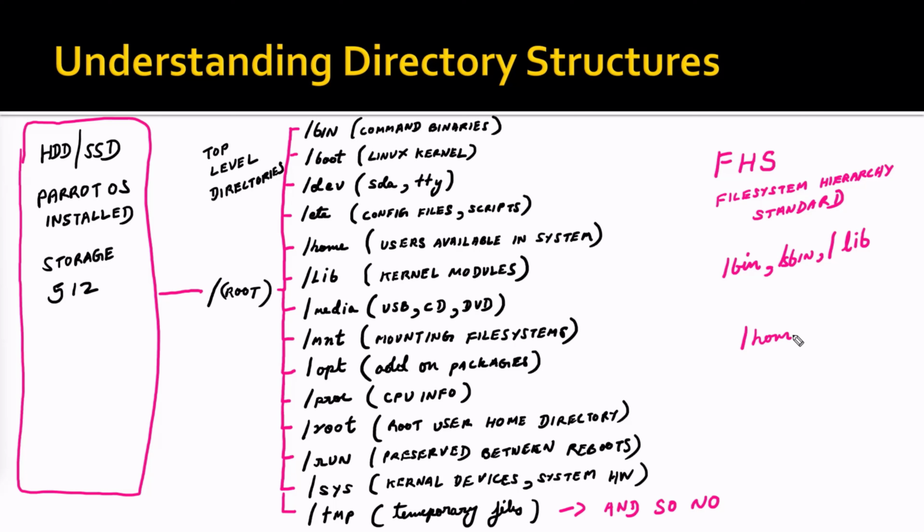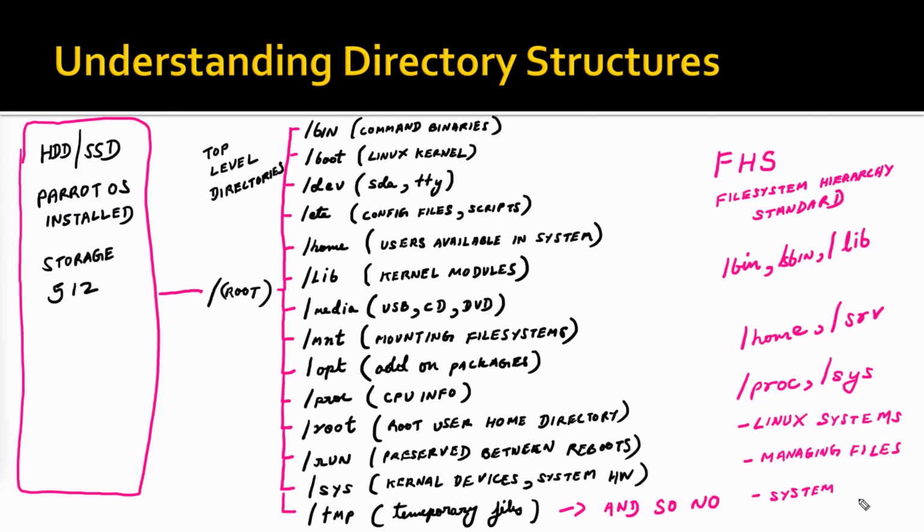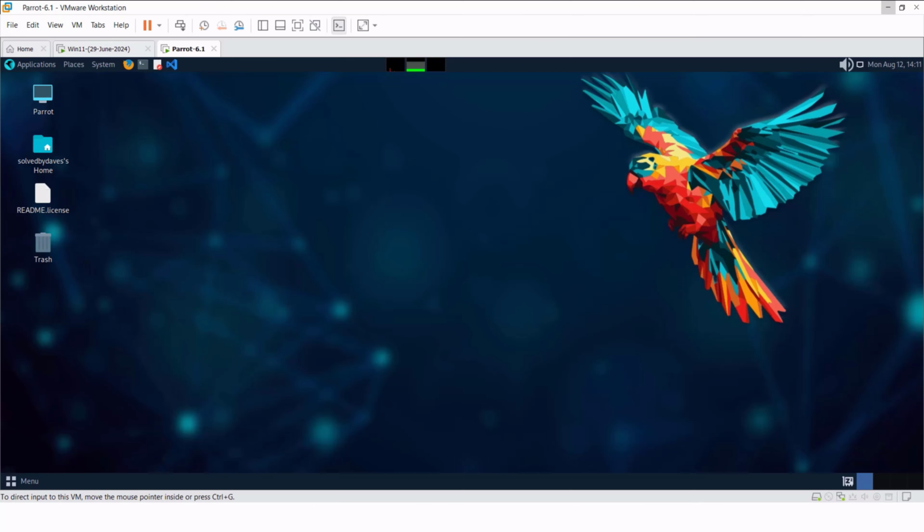User directories such as /home or /srv are used for user data and service specific data, and special directories such as /proc and /sys provide dynamic and virtual file system information. Understanding this structure helps in navigating Linux systems, managing files, and configuring system settings effectively.